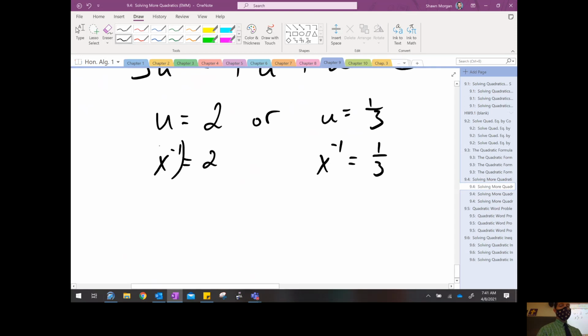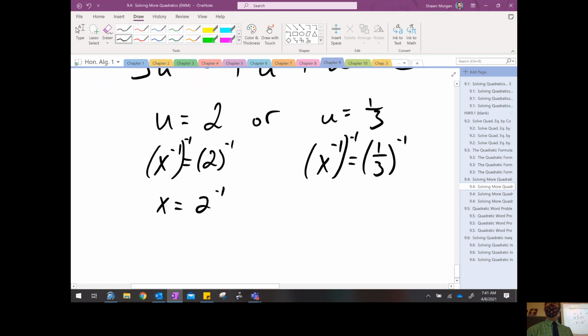And when I do that, you're absolutely right that -1 times -1 simplifies out to a +1. So I got x equals 2 to the negative first. Jake, what is 2 to the negative first? 1/2. Very good. So x equals 1/2. And then over here, similarly, those two exponents are going to cancel each other out.